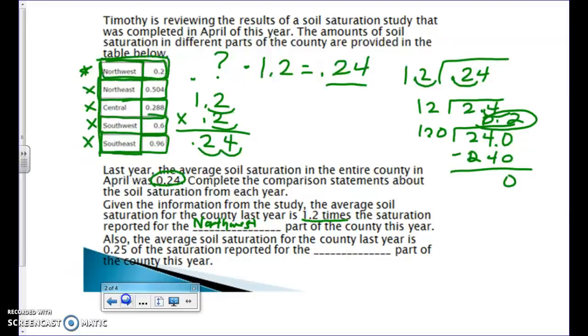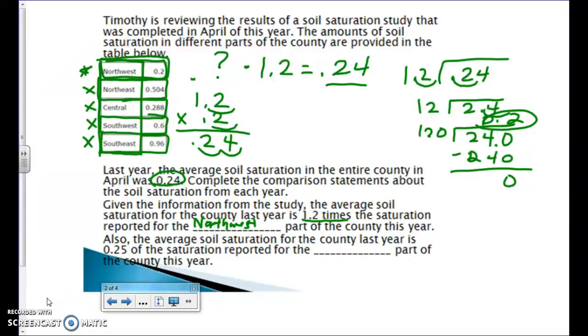Okay. It says also the average soil saturation for the county last year is 0.25 of the saturation reported for the blank part of the county this year. Now, because Mr. Gillum has done a lot of fractions in his day, he knows that 0.25 is like a quarter or 1/4, like 25 cents is to $1, so it'd be like 1/4.